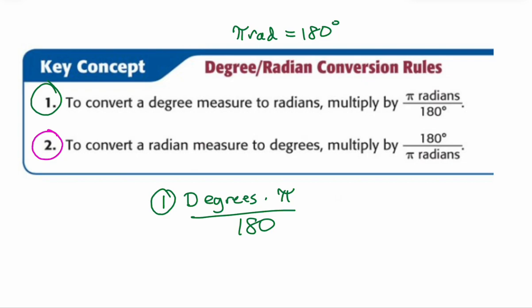To go the opposite way, if we have the radians, we're going to multiply by 180 and divide off the pi. Now, if there's an actual pi sitting there, we'll just get to cross that out. If there isn't a pi sitting there, you're going to want to use 3.14.